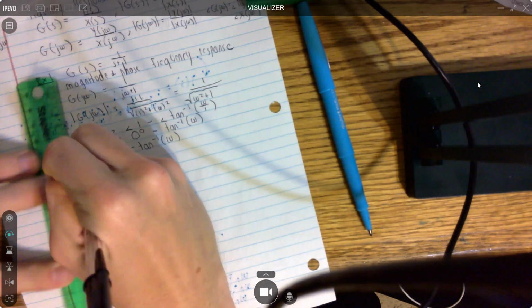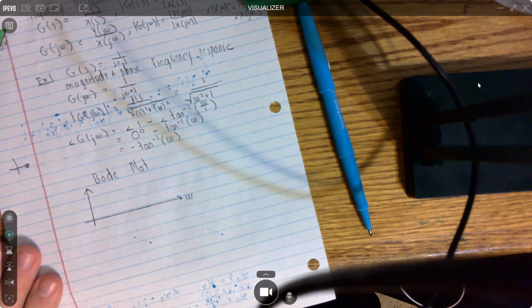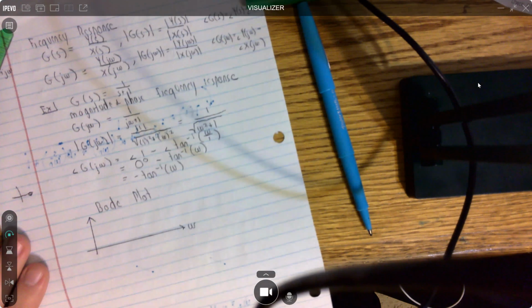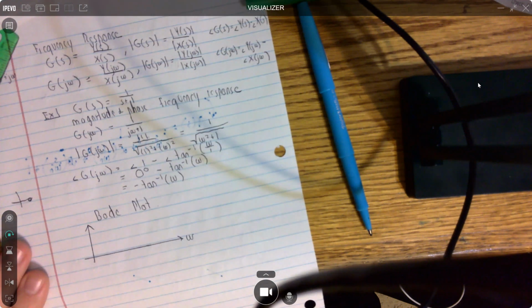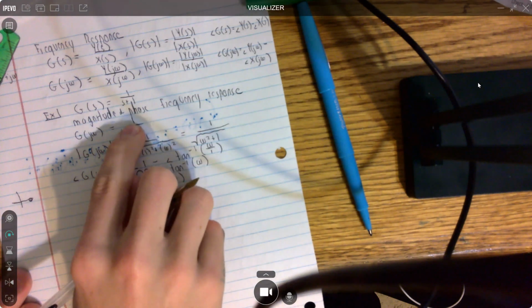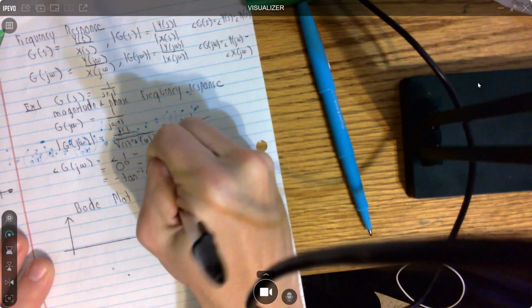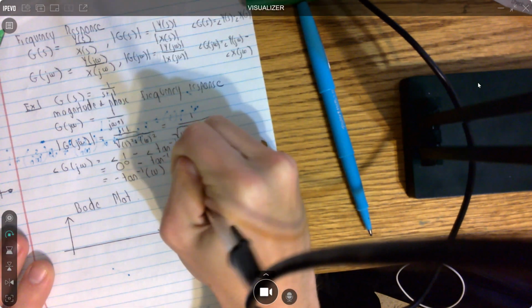What we're going to see is, if we have omega here, we start at 0 because we have no contribution by any constant. It's 20 log of 1, because if you evaluate this numerator, it's going to be 20 log of 1.